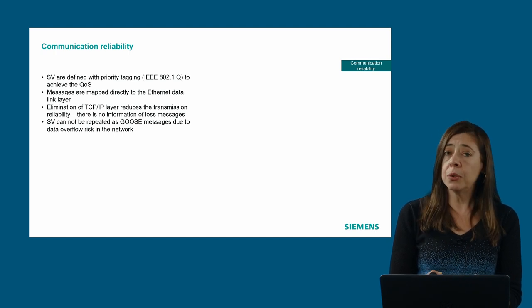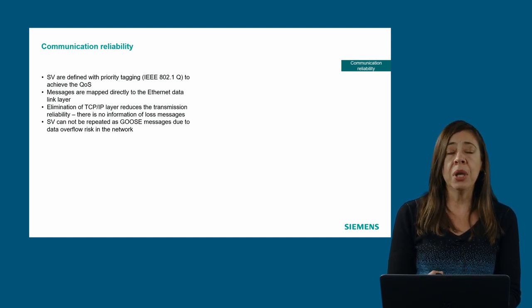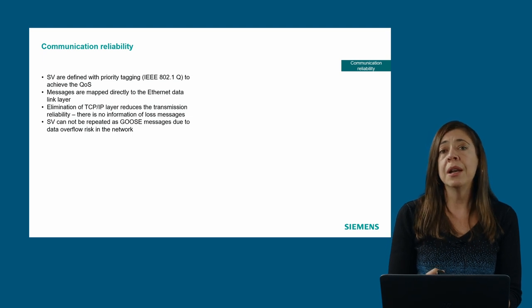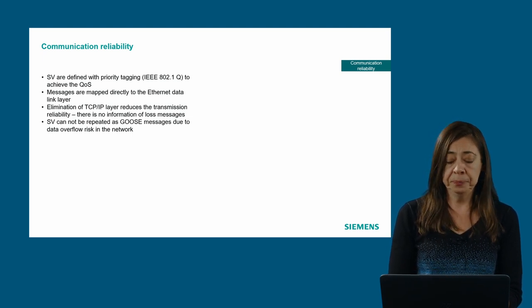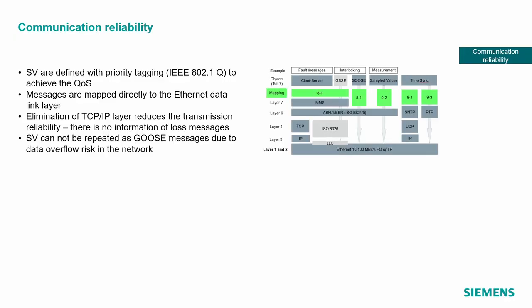So they need to come in a really secure manner and a really fast way. To achieve that, the standard defined the elimination of the TCP and IP layers, so this type of information, as in the case of the GOOSE messages, is transmitted using the layer 2.